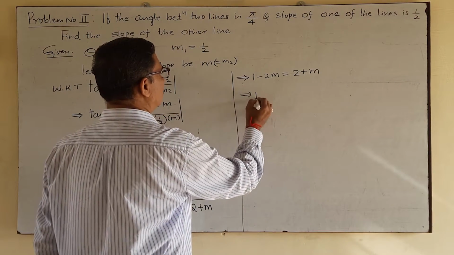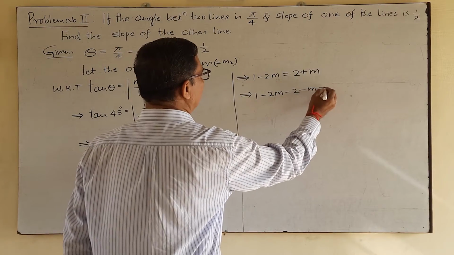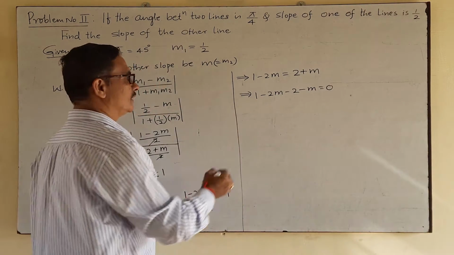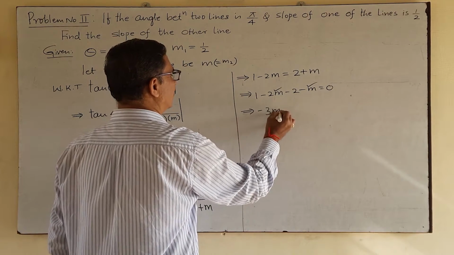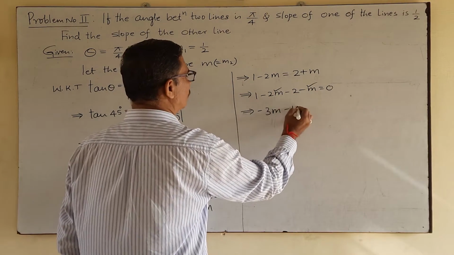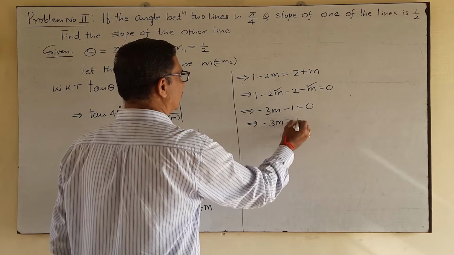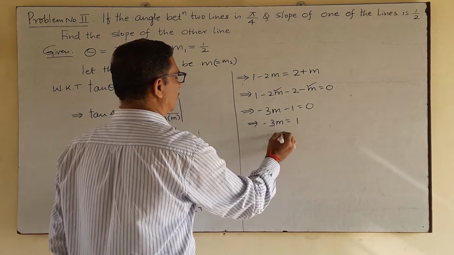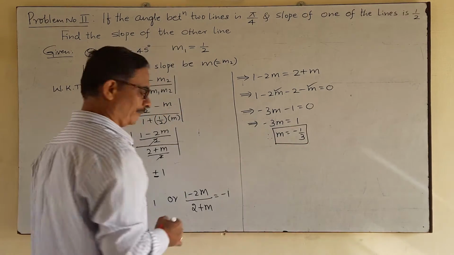Taking equal on the right side, 1 minus 2m minus 2 minus m is equal to 0, minus 2m minus m, that is totally minus 3m, 1 minus 2 is minus 1, equal to 0, implies minus 3m is equal to 1, therefore m is equal to minus 1 by 3.